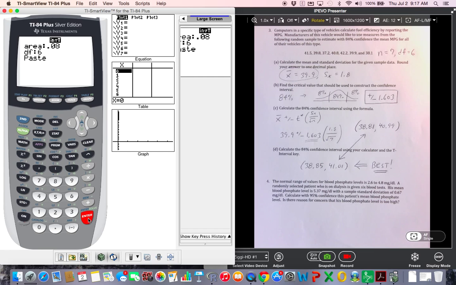We saw that 0.08 and degrees of freedom were 6. And I can paste this, and I get my answer. Now what I can do here is kind of cool. I can take the answer times negative 1, and I can store that as x.